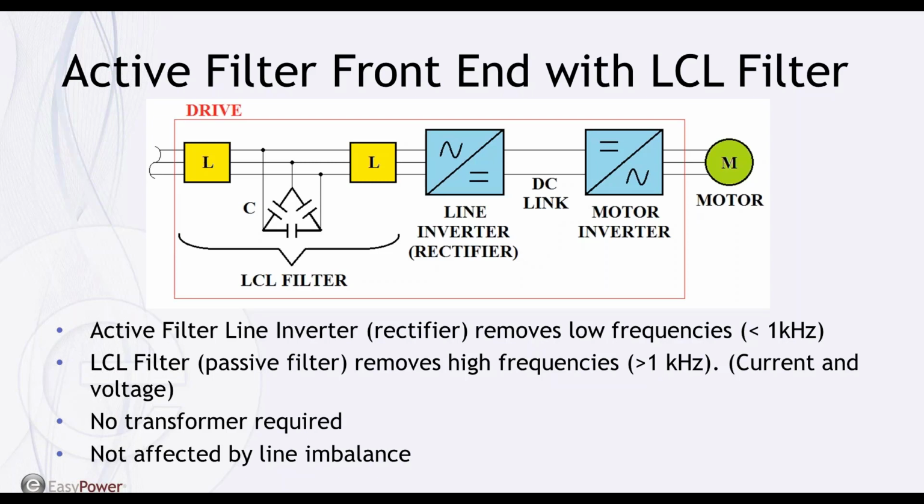The LCL filter is inserted between the rectifier and the 3-phase power supply. This attenuates the pulse width modulation harmonics so that proper voltage and current total harmonic distortion levels are obtained. For this particular setup, no transformer is required, and performance is actually not affected by line imbalance.